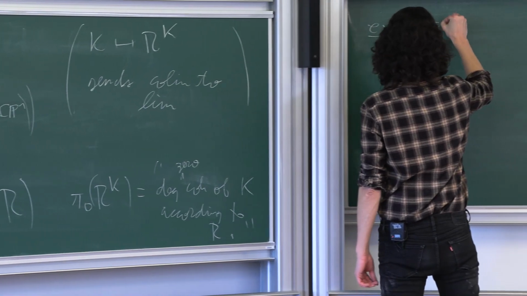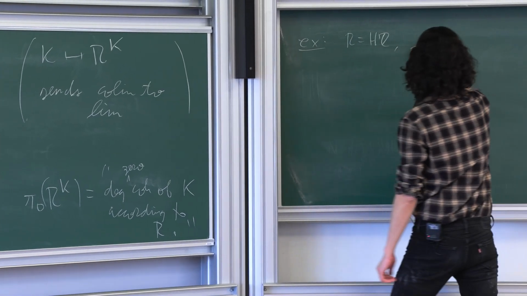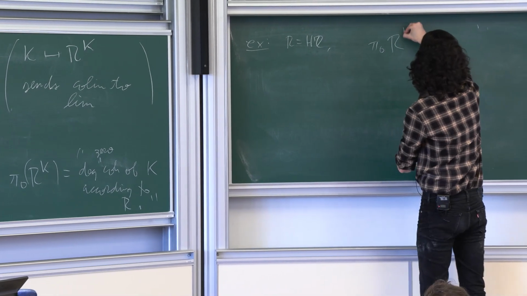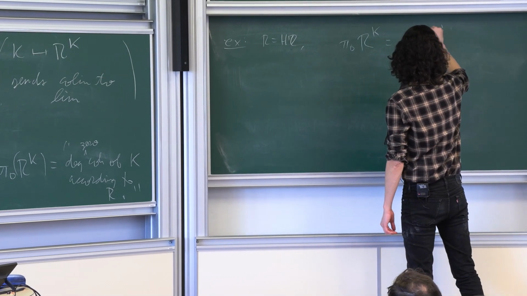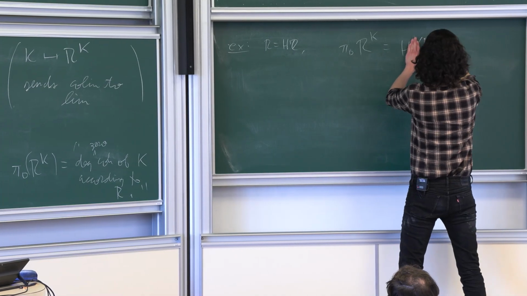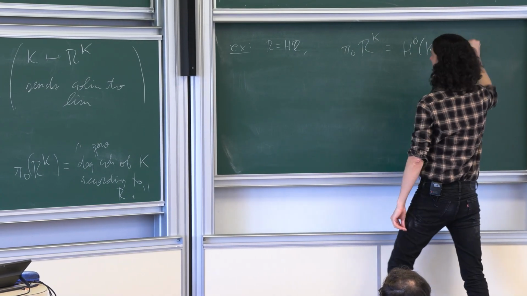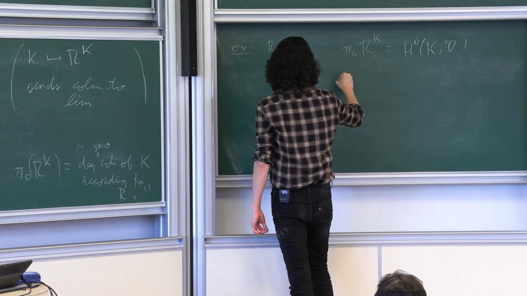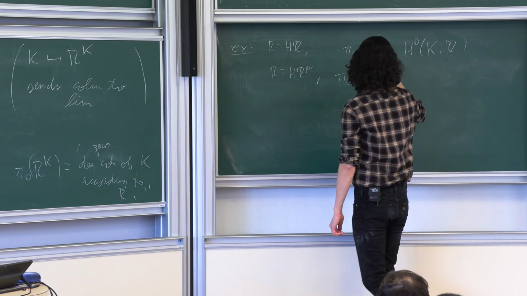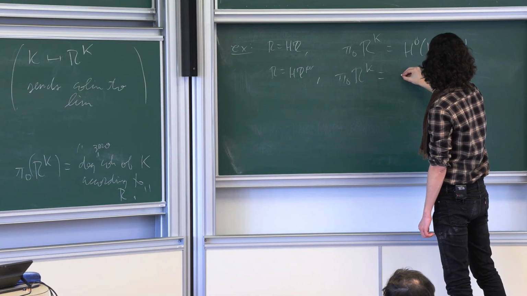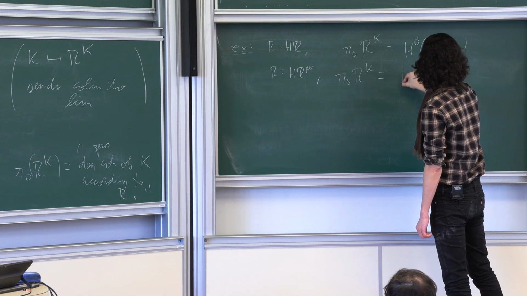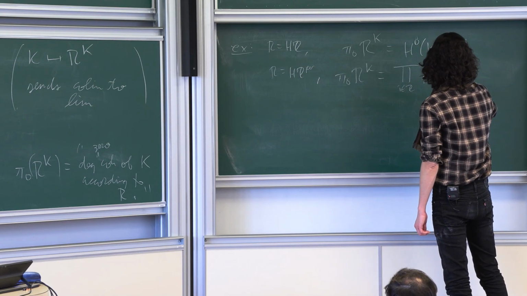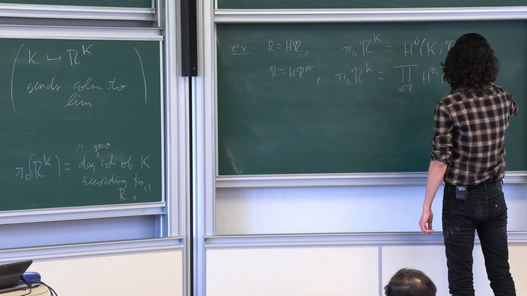If R were HZ, the Eilenberg-MacLane spectrum, then pi 0 of R to the K will just be the usual zeroth cohomology of K with coefficients in Z. If R is this periodic version, then pi 0 R to the K is the product over all i in Z of H^{2i}(K, Z).